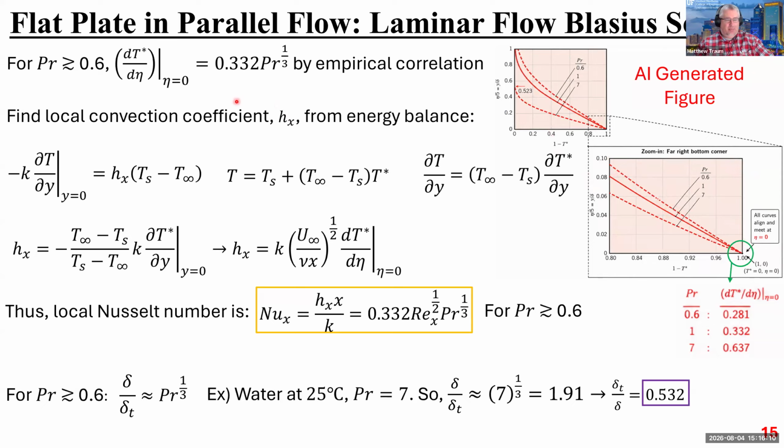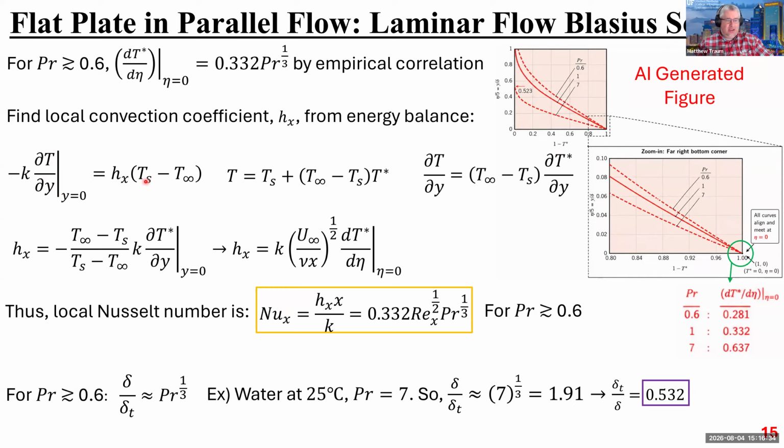Okay, so we have that this derivative at the wall is equal to this value. From an energy balance at the wall, here is my conduction up through the wall, and here's my convection away from the wall. I can get the other piece of information that I need to come up with the needed correlation.